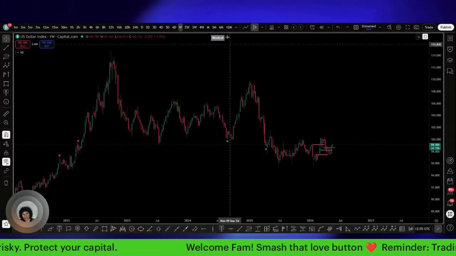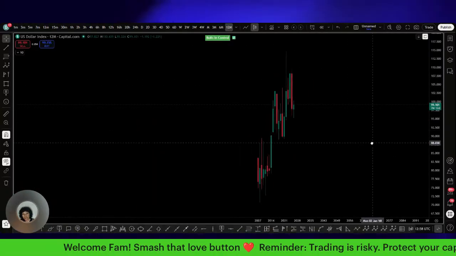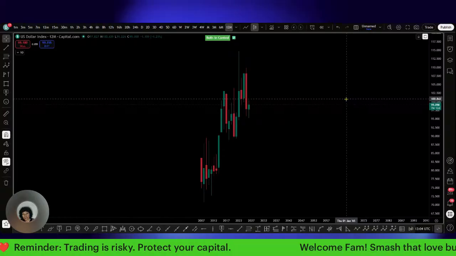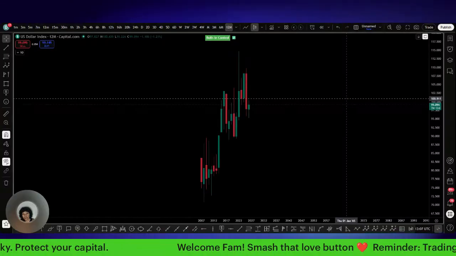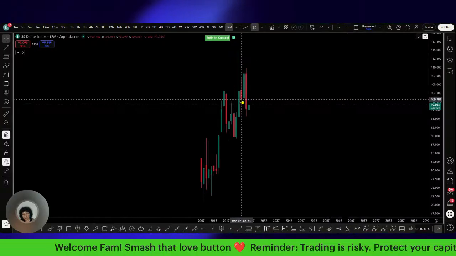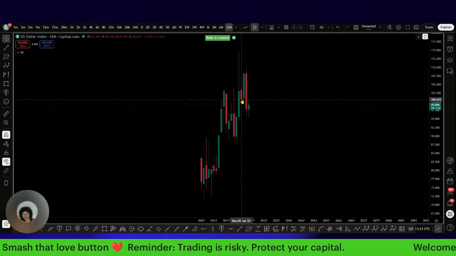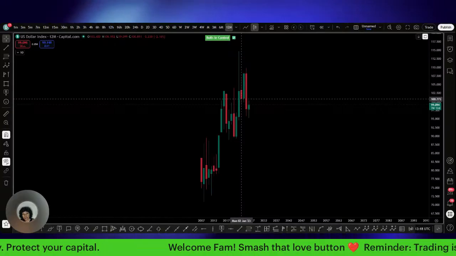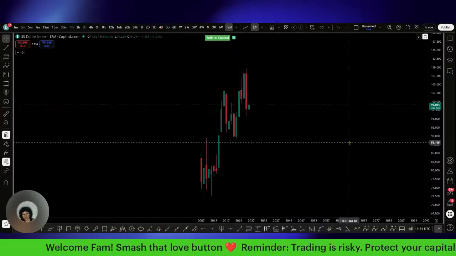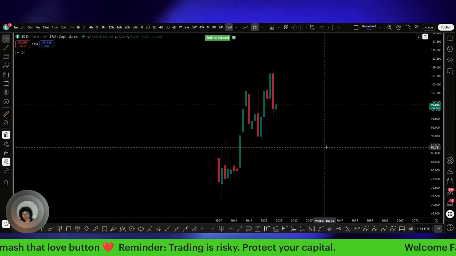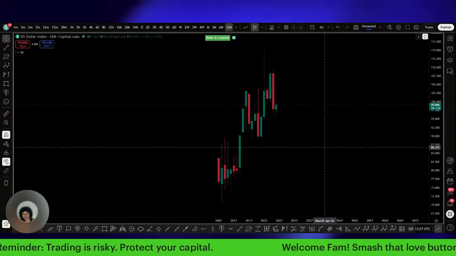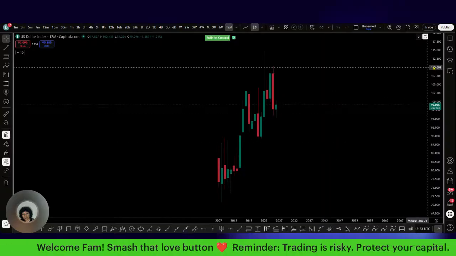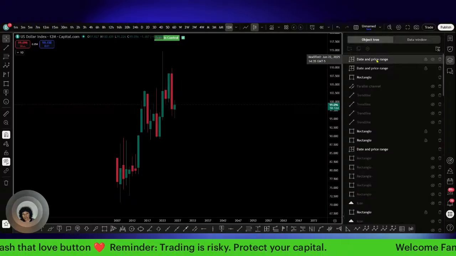I'm gonna hide the drawings for a second and put on 12-month. And when you look at it like this, DXY don't look too crappy. This stuff in here is so old.